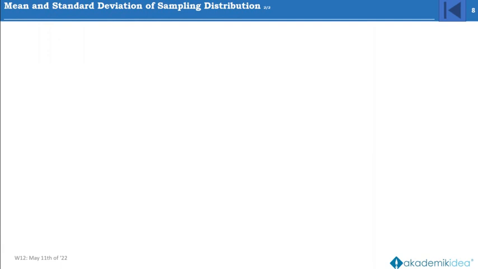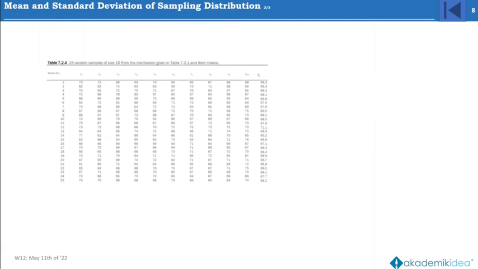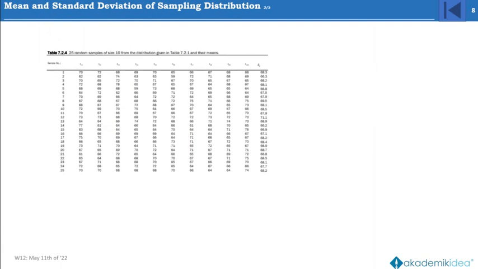If we calculate the means of these 25 samples, we obtain the figures in table 7.2.4, the sampling distribution of x bars when the sample size is 10.